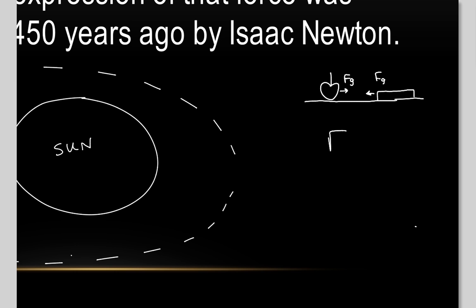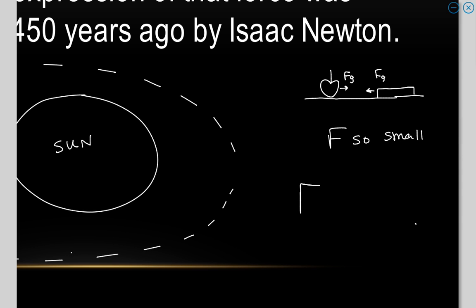The force is so small that you don't notice it. It's just not big enough for it to be noticeable. So the gravitational force, Fg, is really only noticeable when you have extremely large mass.